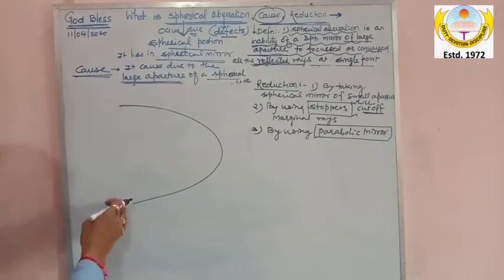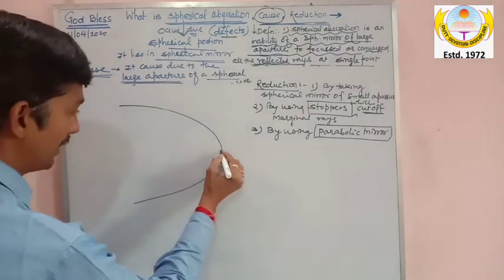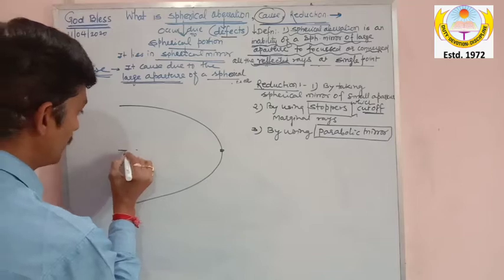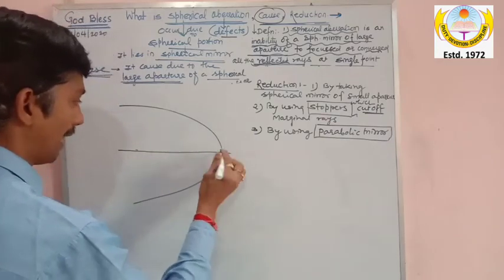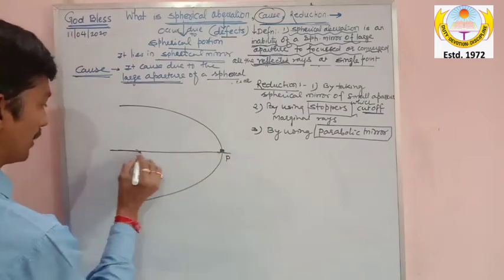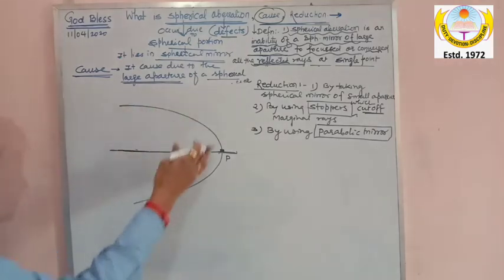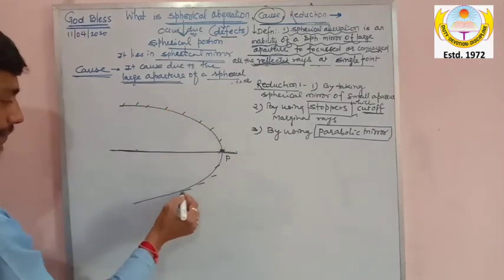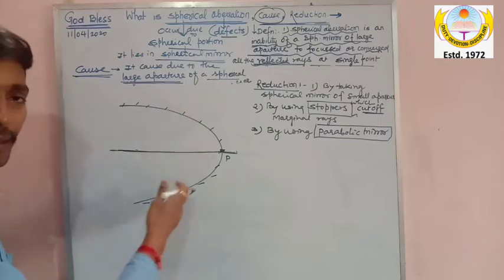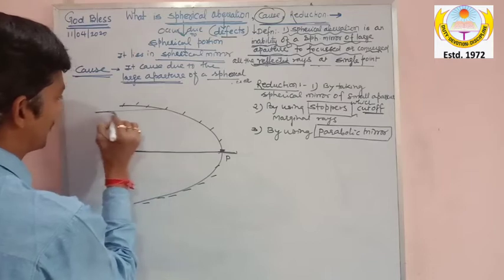Look at the way of drawing it. A parabolic mirror looks like this. And this is the pole. And the line which passes through the pole is the principal axis. Right? I have taken this as a concave parabolic mirror. And these are the rays.